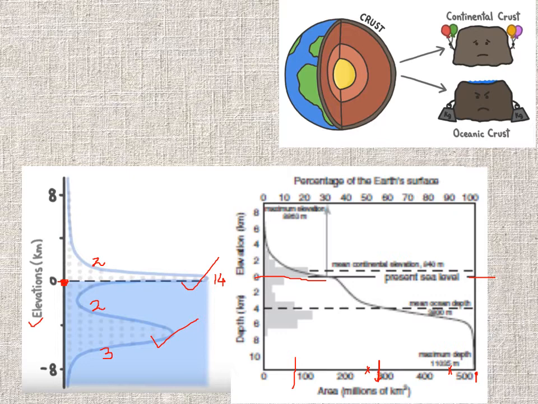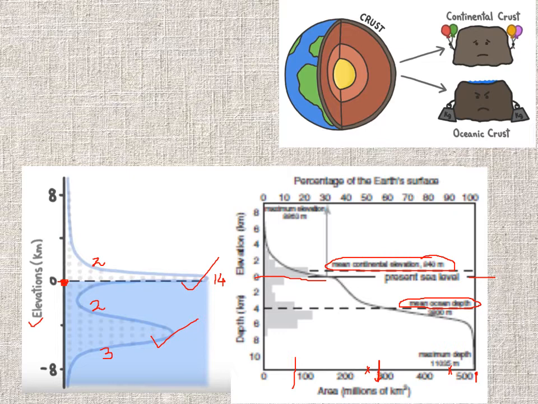That is known as the mean continental elevation, which is about 940 meter, and the mean oceanic depth, which is about 3000 meter approximately.